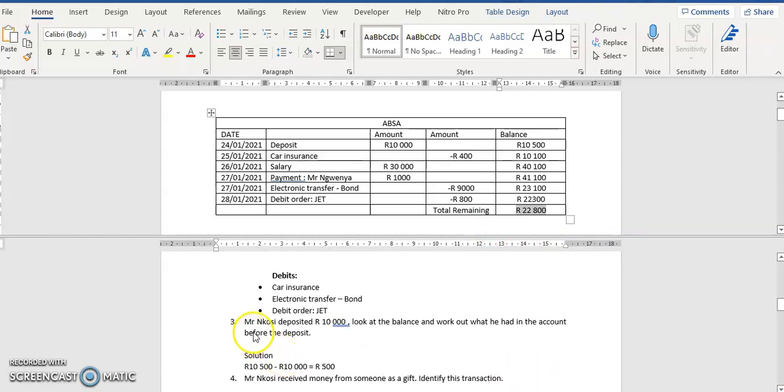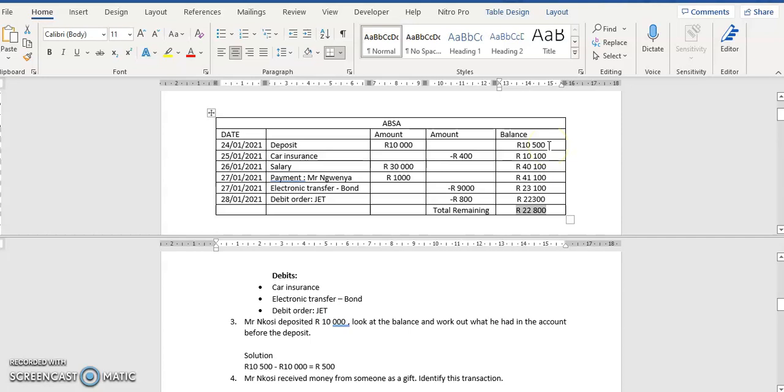Then let's look at this question. Mr. Nkosi deposited 10,000. Look at the balance and work out what he had in his account before the deposit. If you check the deposit, he deposited 10,000, but his balance is 10,500.